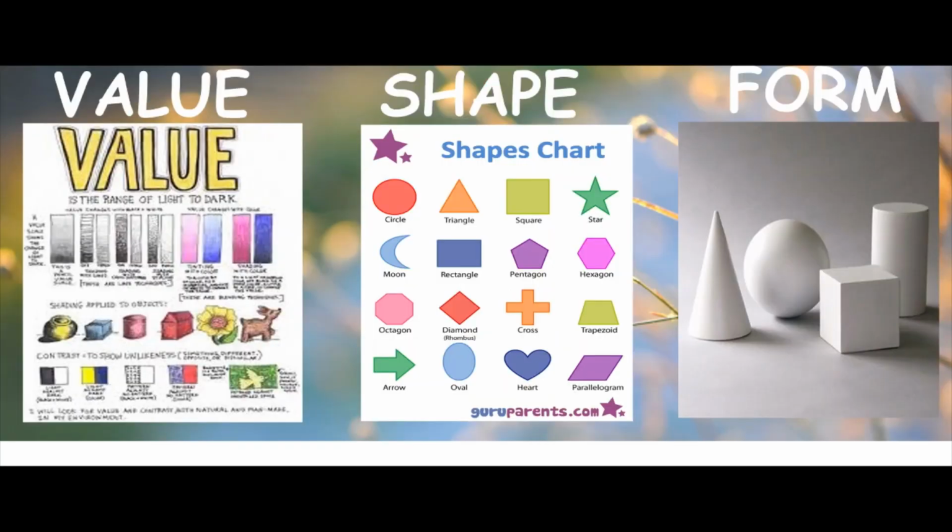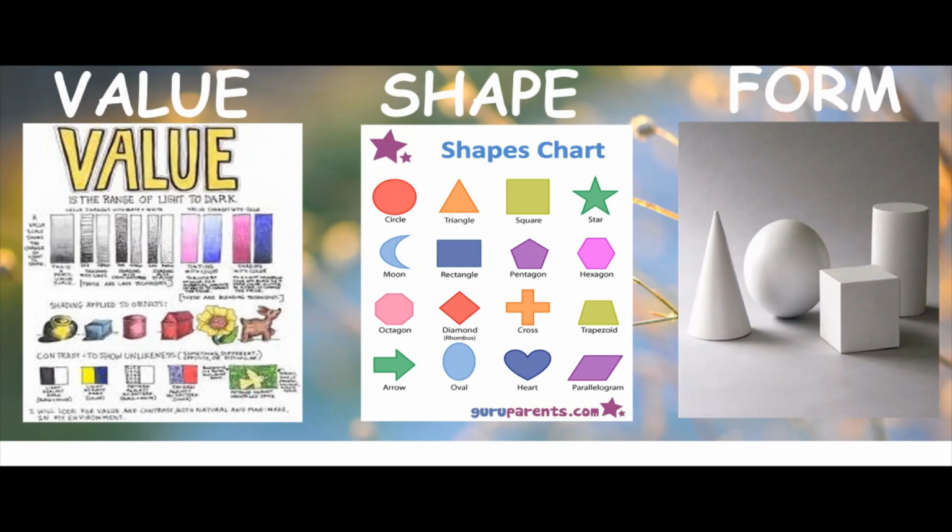Next element is value. Again, value is the lightness or darkness of colors. It starts with the lightest, which is white, and ends with the darkest, which is black. White results when all energies are reflected by the surface of the object into the atmosphere, while black is developed when all energies are absorbed by an object.